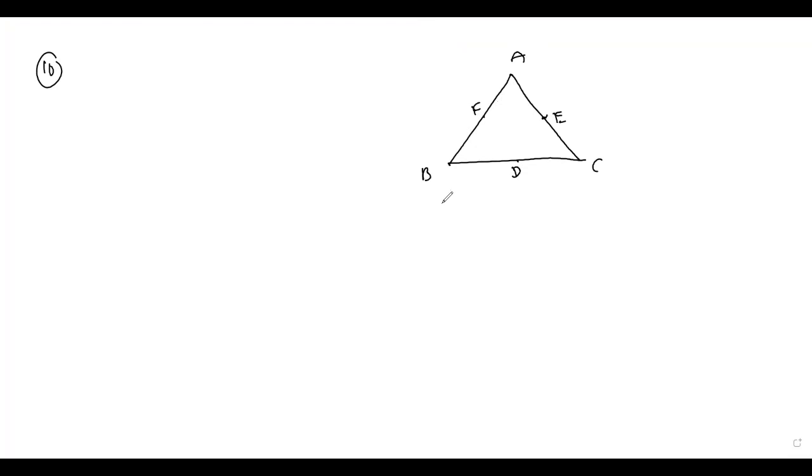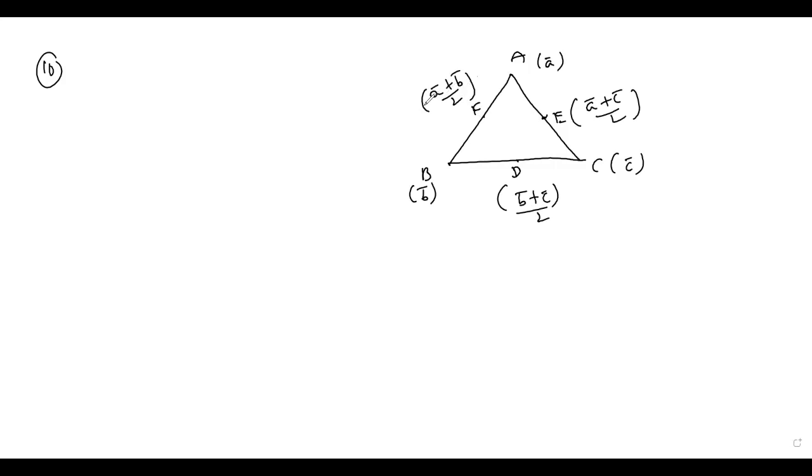Now if you take the position vector of A as small a bar, B as b bar, C as c bar, the midpoint D, what will we get? OD bar is b bar plus c bar by 2, OE bar is a bar plus c bar by 2, OF bar is a bar plus b bar by 2.